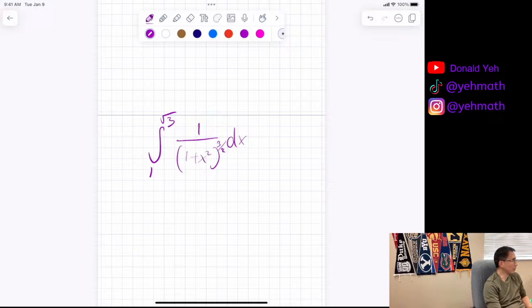Trig substitution is not that bad, right? It just has to be really disciplined. You cannot mess up the small steps. You can just keep that as 2. So you have 1 over this cubed, right?